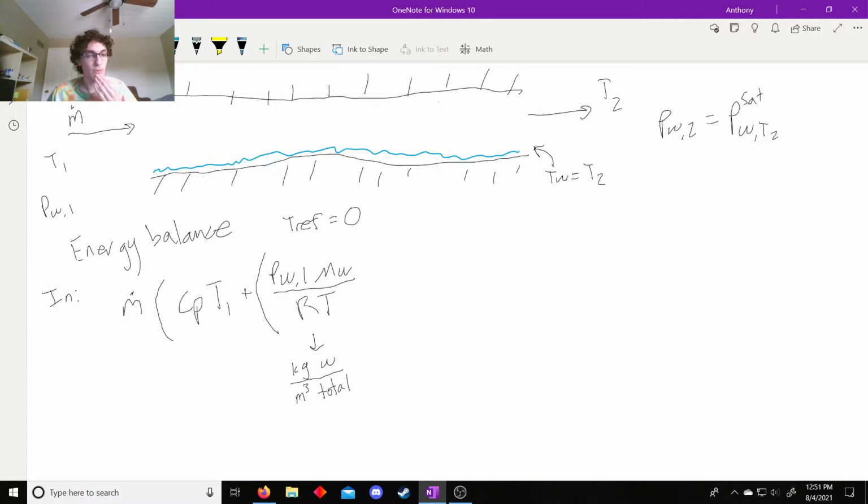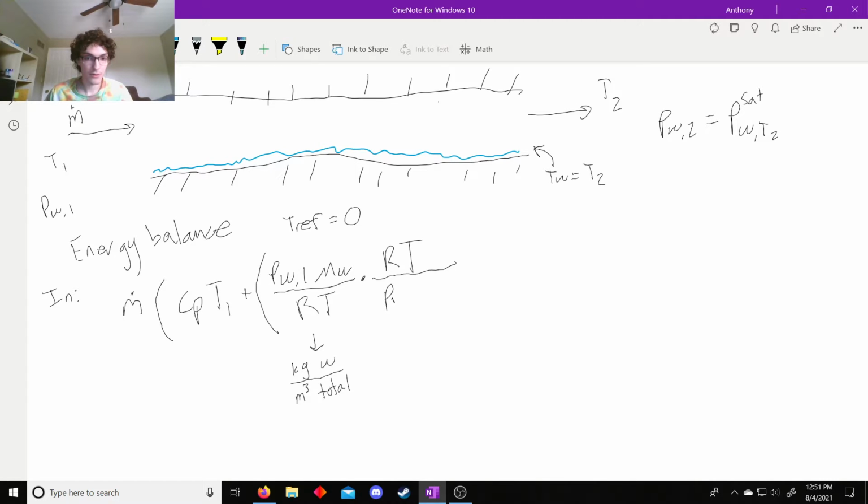We're trying to relate the mass of water that's coming in to the mass of air that's coming in. And right now what we have here is the mass of water coming in to the volume of everything, but we only want air. So we're going to need to multiply this by, I like to think of it as a conversion factor almost. Maybe not exactly, but we're going to set up the reverse of this.